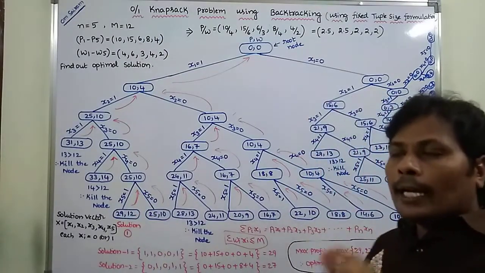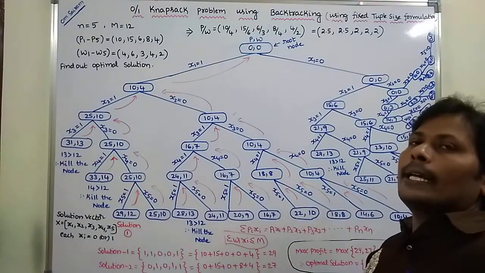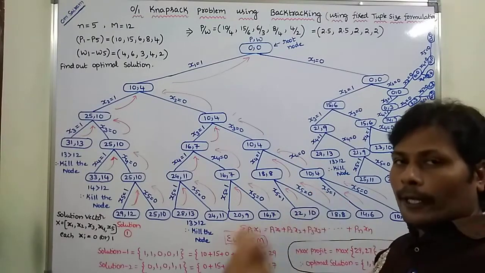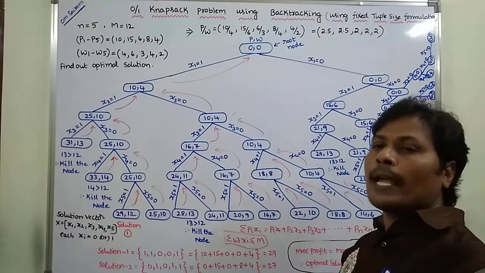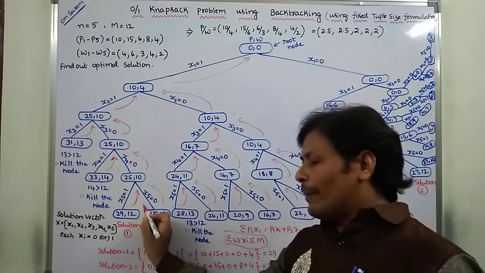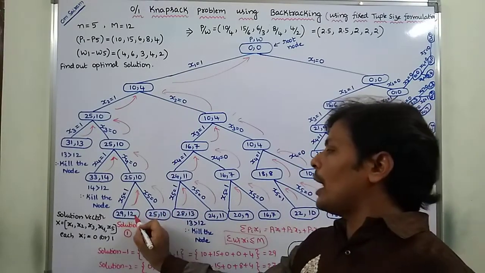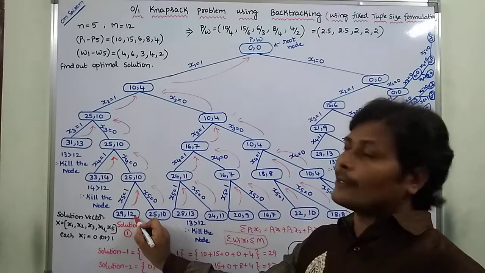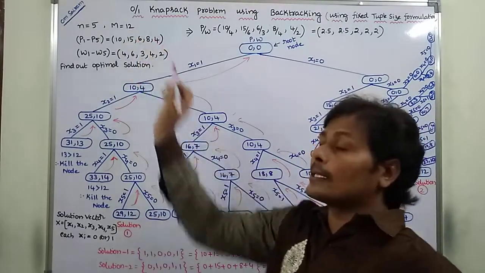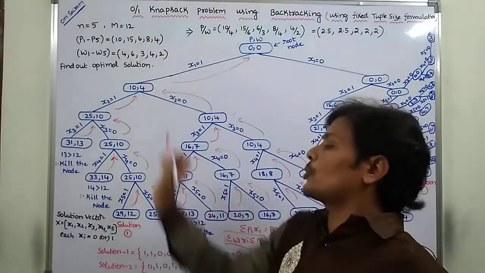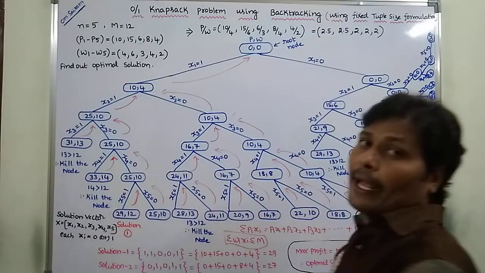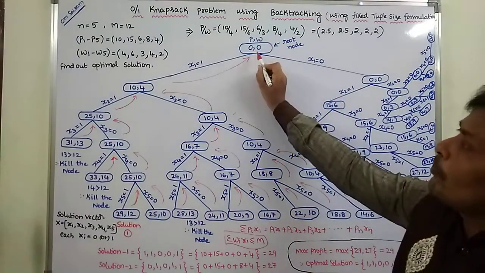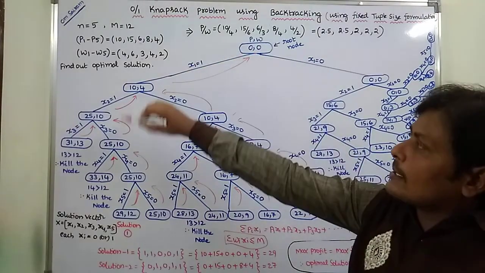Whenever the sum of the weights of the objects we consider is equal to the capacity of the knapsack, then this becomes the solution. The profit value is 29. So the left subtree is completed.